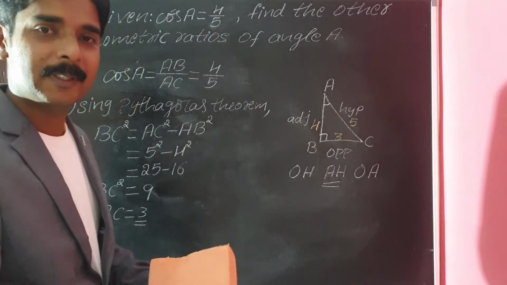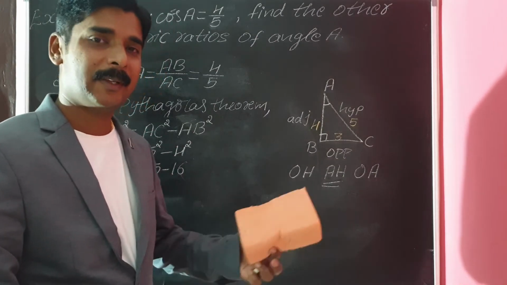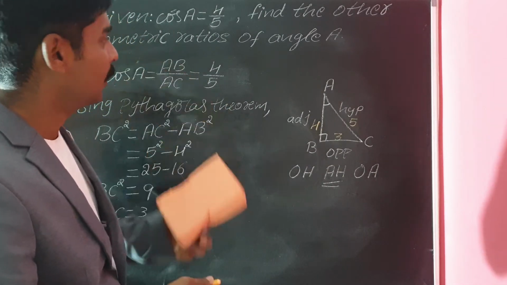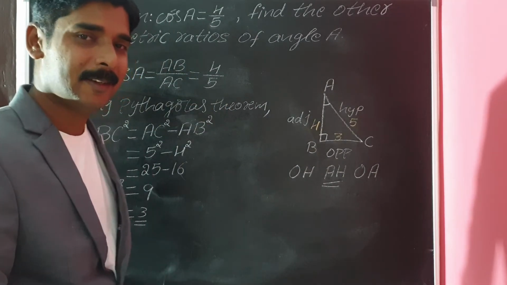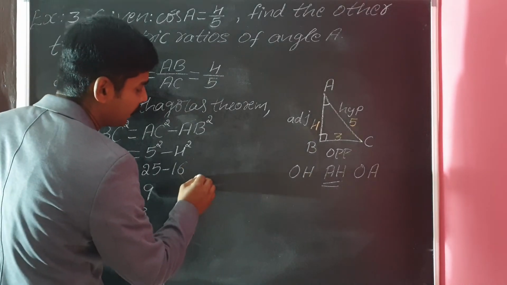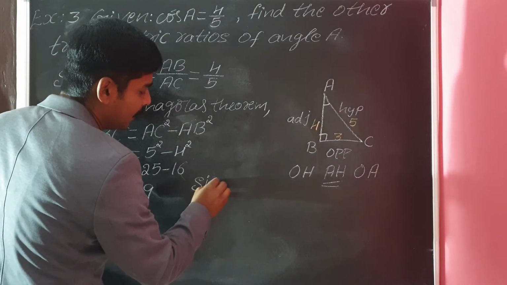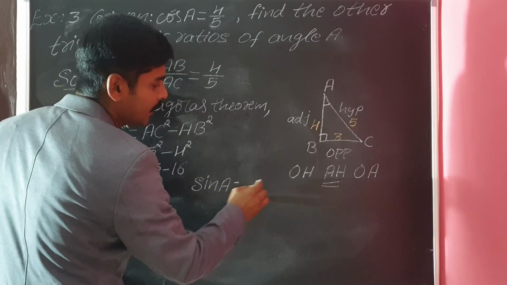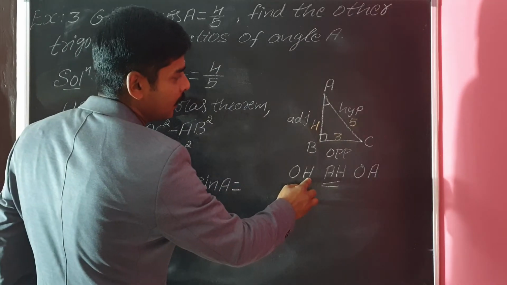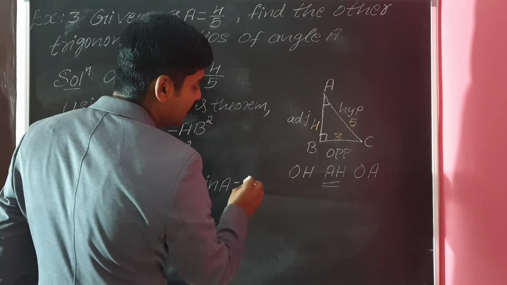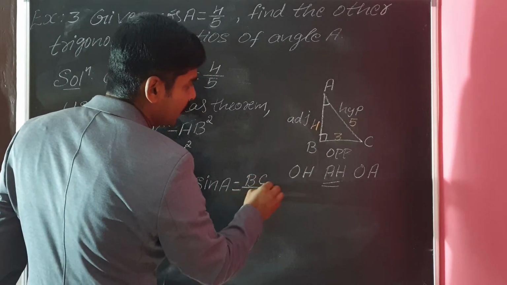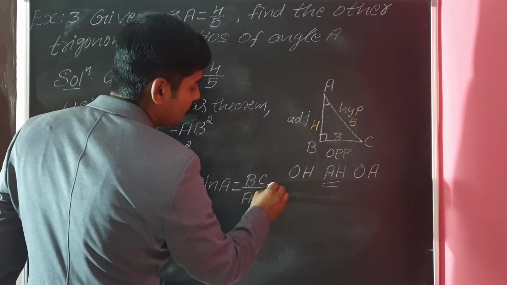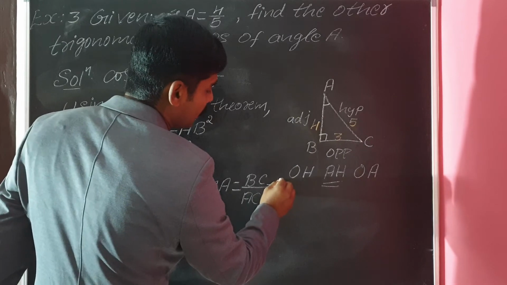Now you know all the three sides. So you can find the other trigonometric ratios of angle A, right? So sin A is opposite by hypotenuse. Opposite side is BC. Hypotenuse is AC. So BC is 3.